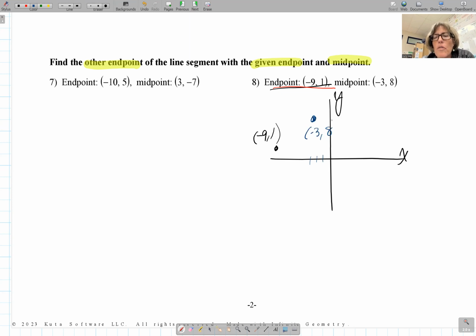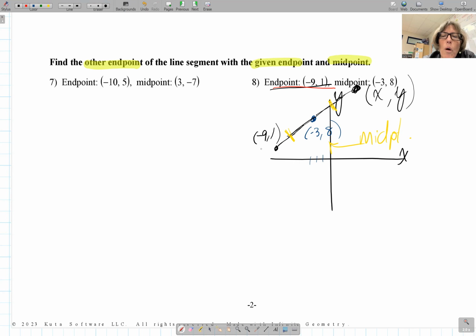-3, +8. And that's a midpoint, which means if we do a little quick sketch here, we have another endpoint up here, a mystery endpoint that I'm just going to call X and Y. And what's true is that the distance from here to here is the same as here to here because this is a midpoint. So knowing the key quality that wherever that midpoint is, the segments on either side have to be equal distance, you work it.